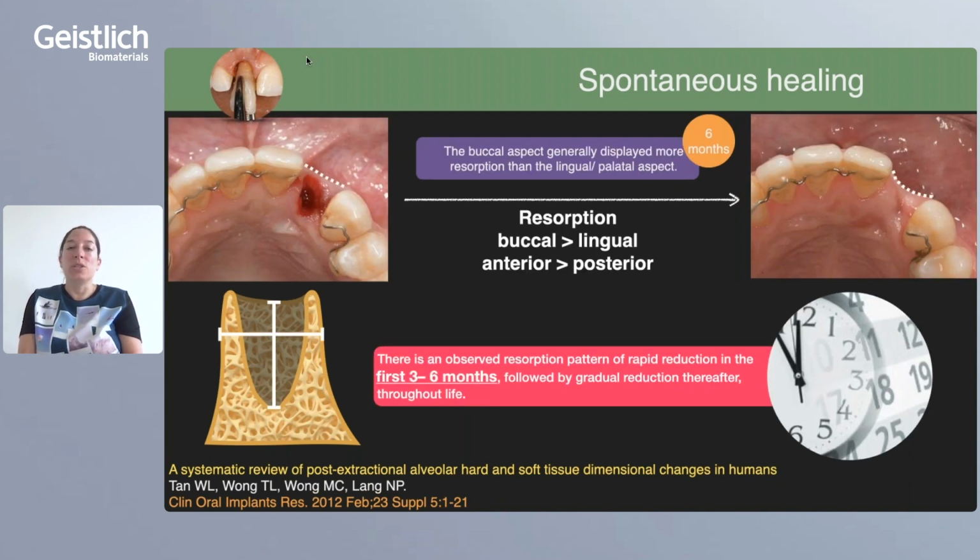So the resorption was more prominent at the buccal. You can also see from these occlusal pictures when you compare the left and the right picture. It is more prominent in the anterior compared to the posterior region, and the resorption is more rapid, so you will experience more reduction within the first 3 to 6 months, and then the reduction will level out.